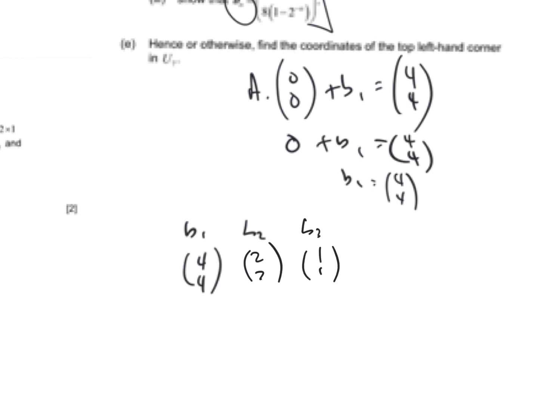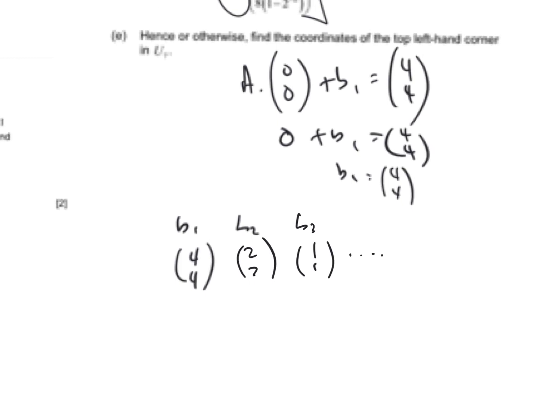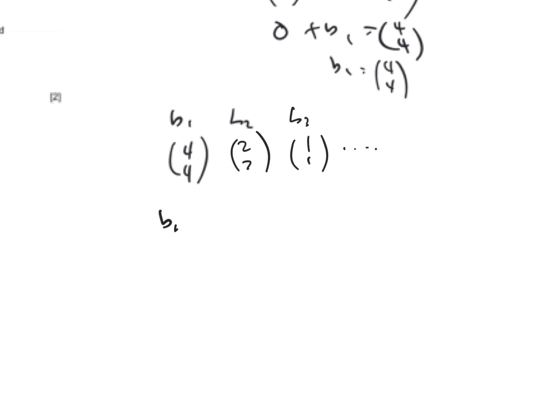B3 is going to be 1, 1. And so on. And so I recognize Bn is equal to 4 plus 2 plus 1 and so on.